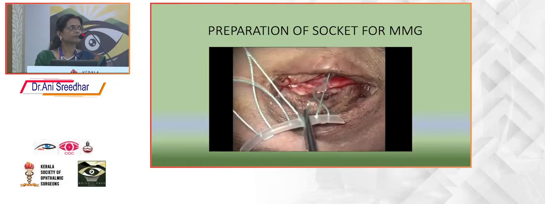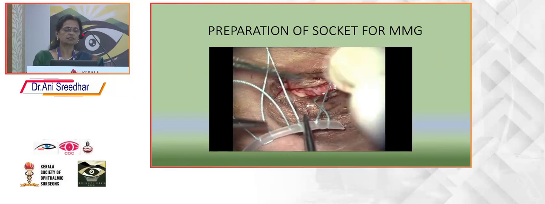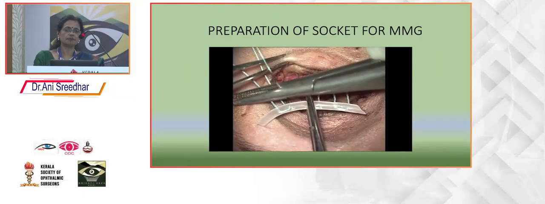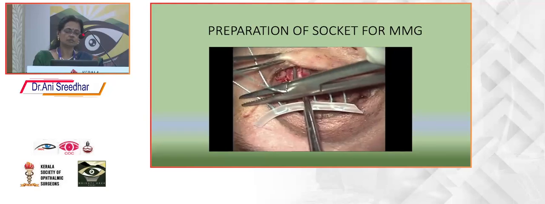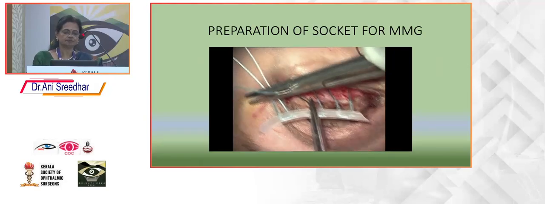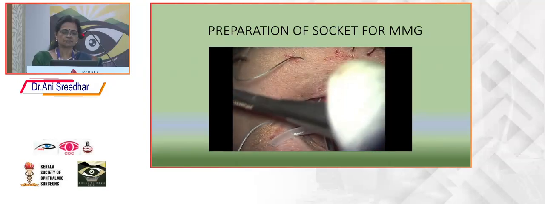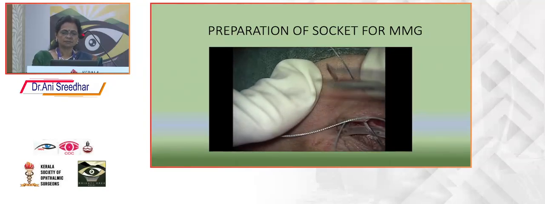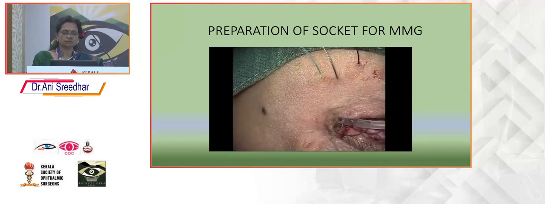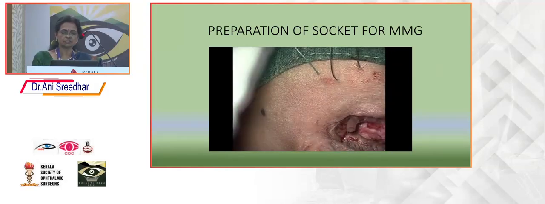Keep in mind that the lower fornices are about 10 to 15 millimeters deep and the upper fornices about 20 to 30 millimeters deep. So you are creating new fornices. These are taken out through the skin, 3 such sutures.